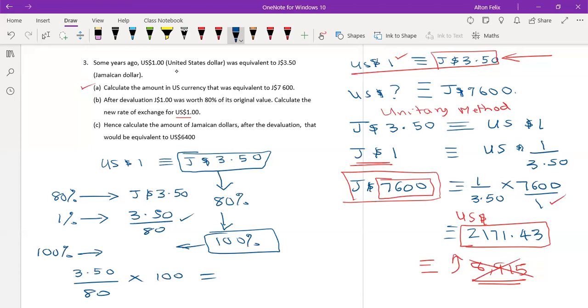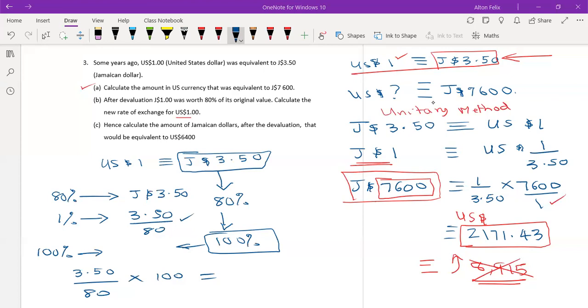And the value we are getting is $350 divided by 80 multiplied by 100.